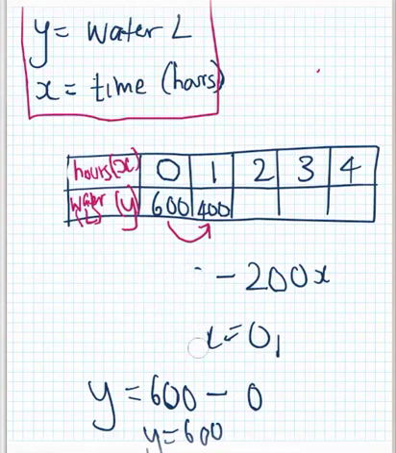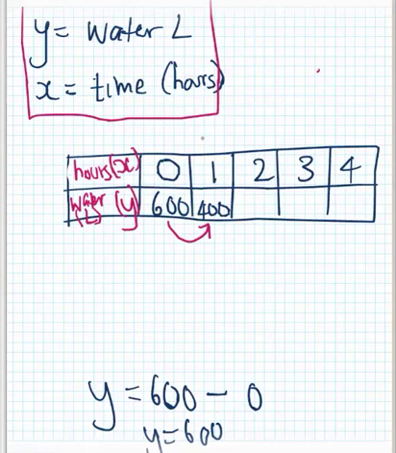Just like that constant rate of change, there has to be a pattern in the x values and also the y values. What's the gradient? To get from 600 to 400, we have to minus 200, and that's our gradient. And we know it's minus 200 over 1 because the pattern in the x is plus 1. But we know this already.